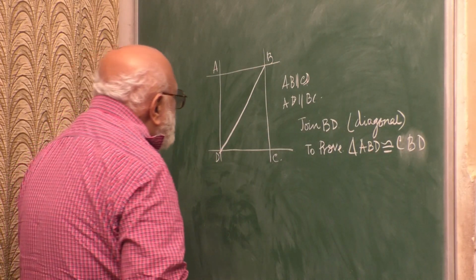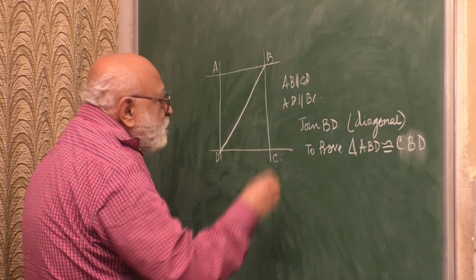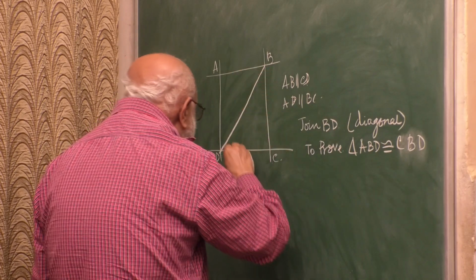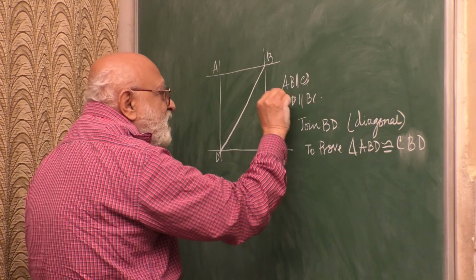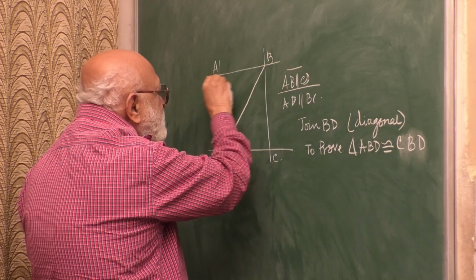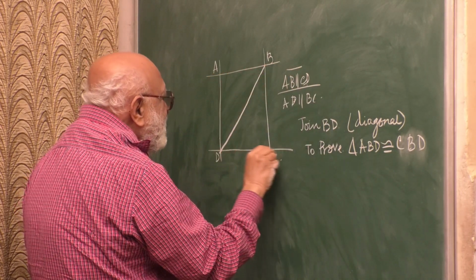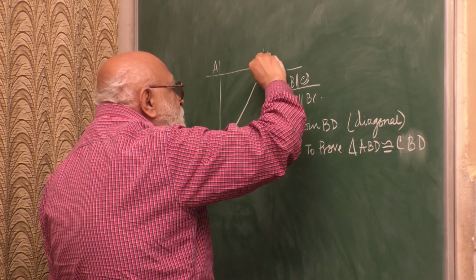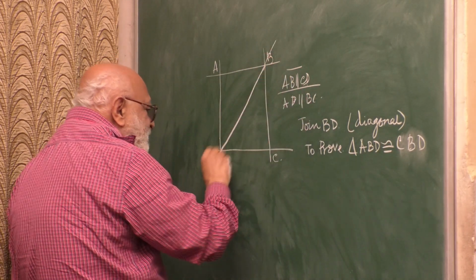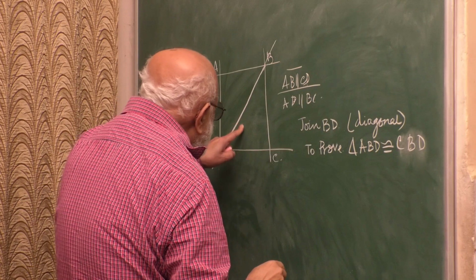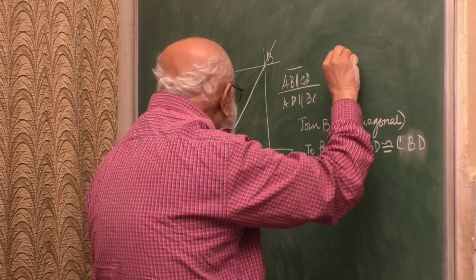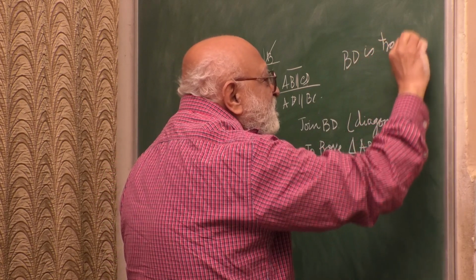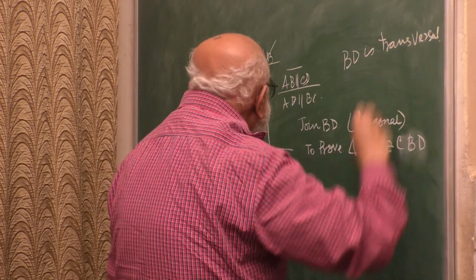Now in order to prove this, we know that AB is parallel to CD, and I will extend this further so that you know BD is a transversal.